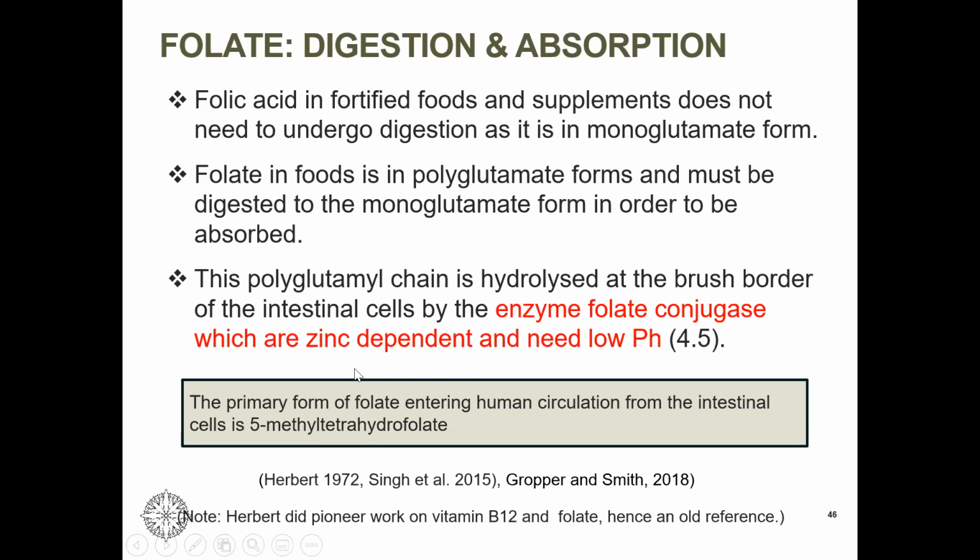These enzymes are zinc dependent and they need low pH. Okay? So the primary form that will enter our blood would be 5-methyl tetrahydrofolate. So remember this expanded name, 5-MTHF or 5-methyl-THF, from an exam perspective as well.